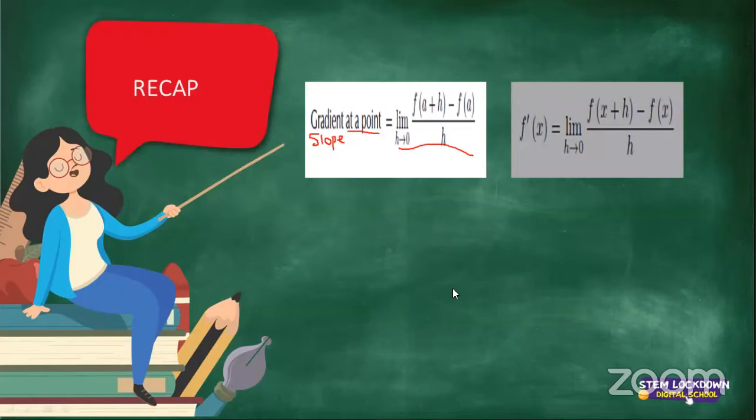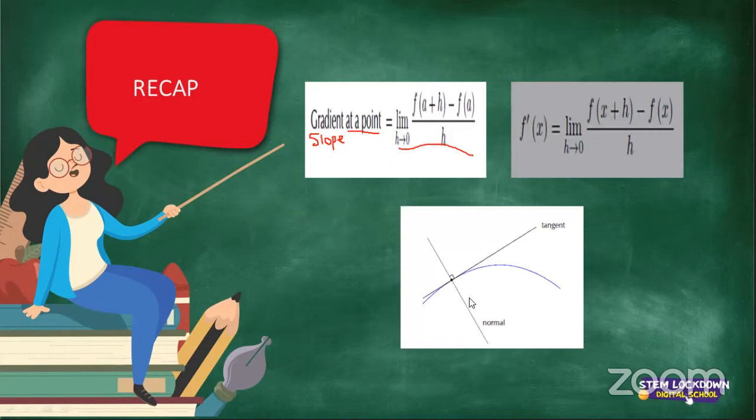And then I also mentioned that a normal is simply a line that is perpendicular to your tangent.